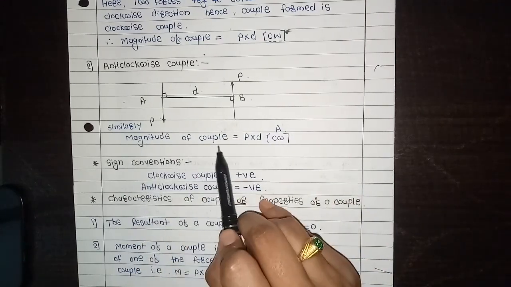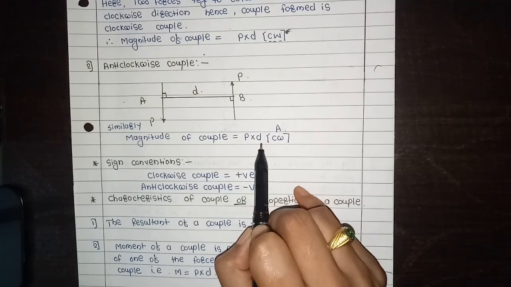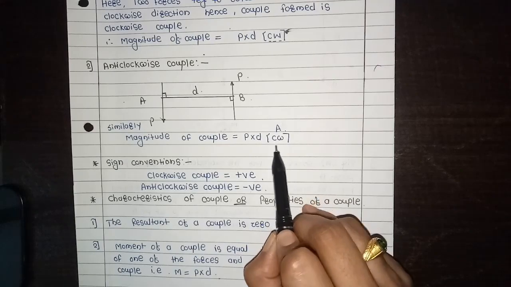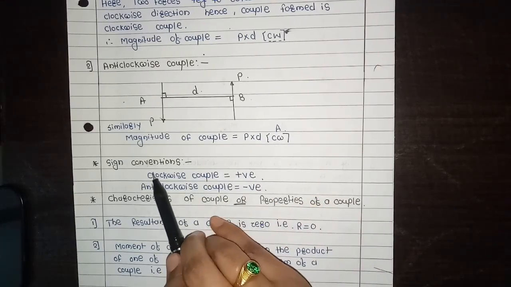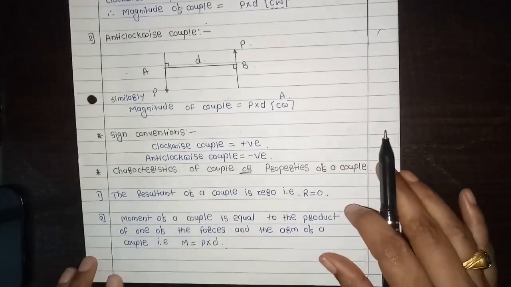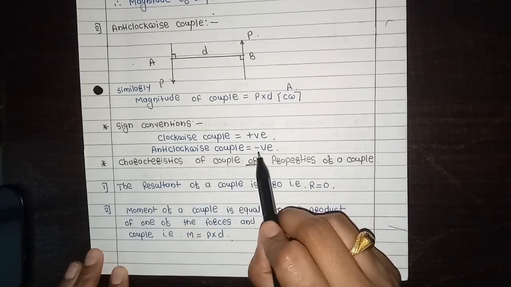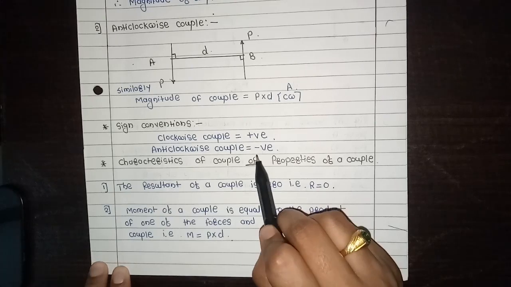Similarly, magnitude of couple is P into D, and this is anti-clockwise or counterclockwise. So sign convention: clockwise couple is positive and anti-clockwise couple is taken as negative.